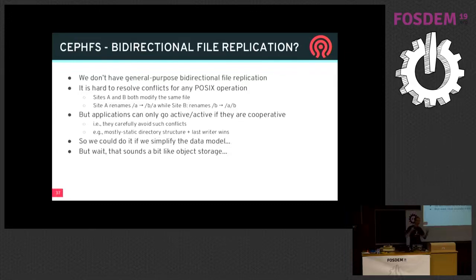And there are possibilities for conflict on things like rename, right? If you have two directories and two different sites rename the directory into the other one, it's an impossible conflict to resolve. You have to pick one or the other, and then the other end is confused. So in a general sense, doing asynchronous replication with POSIX leads to these conflicts, and there's no easy way to resolve them.